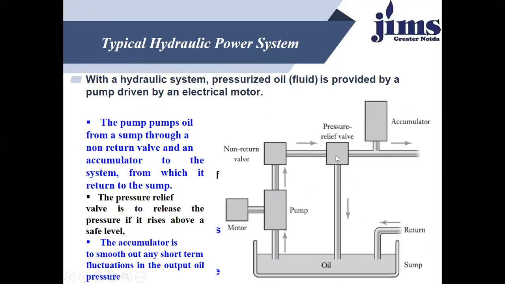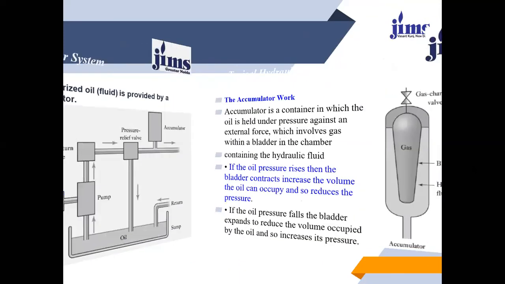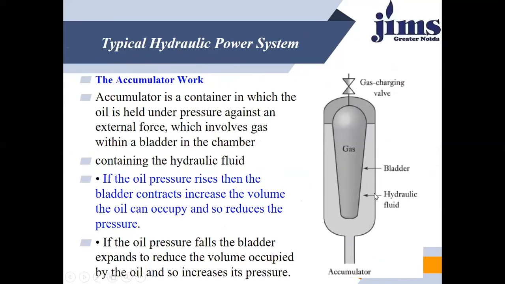This is the pressure relief valve. Here we are receiving the pressurized oil or pressurized fluid in a safe limit. That pressurized fluid goes inside the accumulator, against the gravity. Because if it were unpressurized hydraulic oil, it could not go into the accumulator.